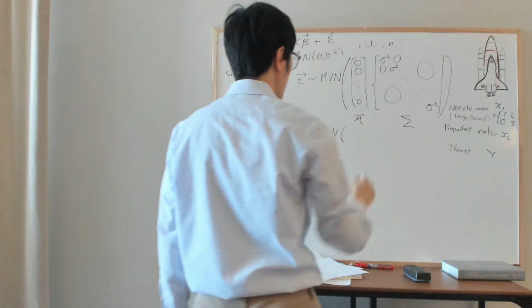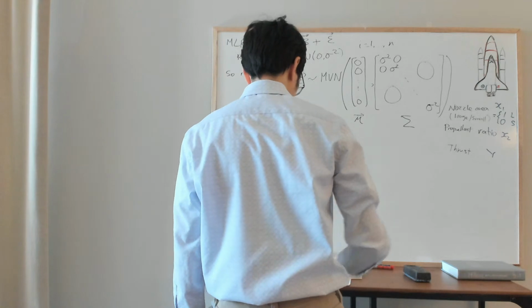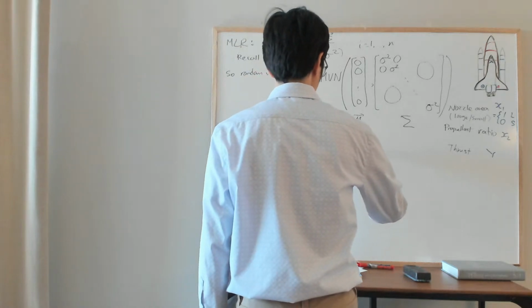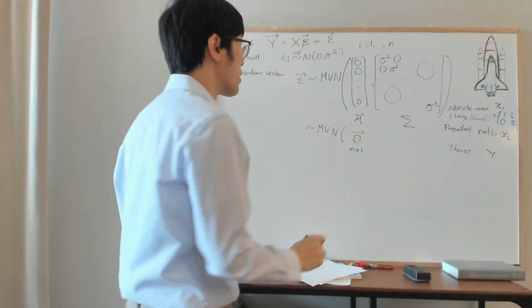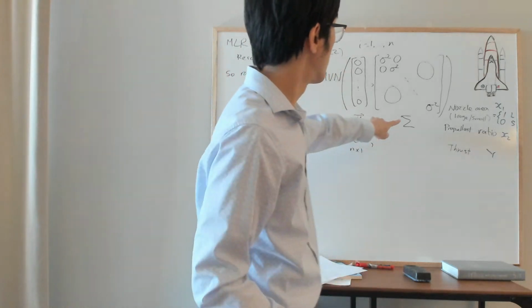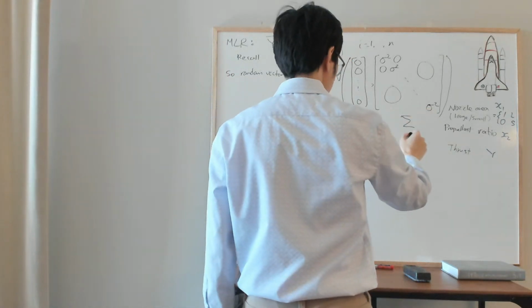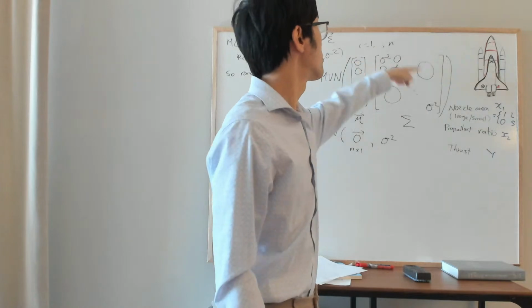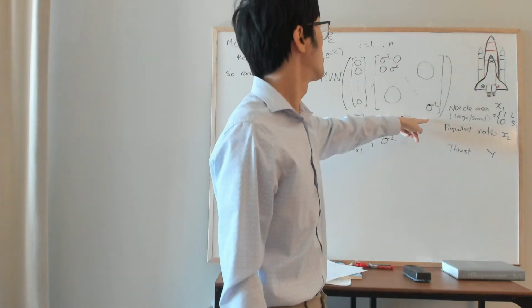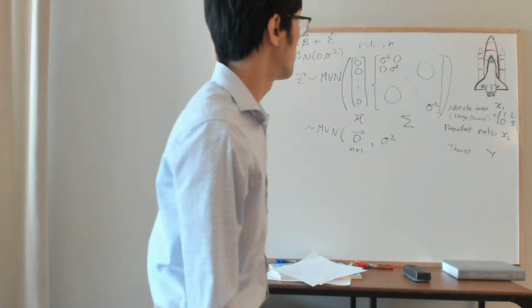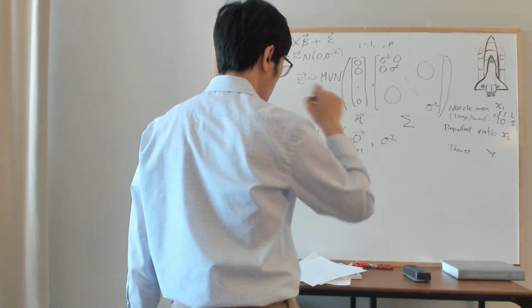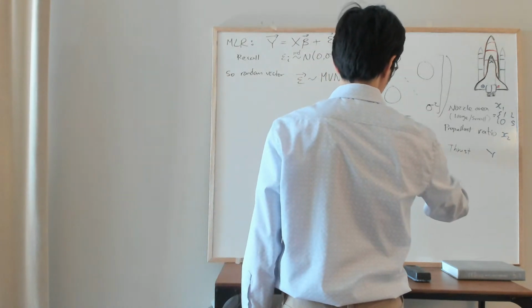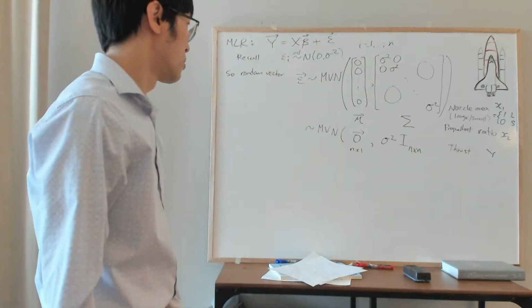The 0 is a vector, and remember this one is n by 1. And then we can write the covariance matrix sigma as sigma squared times something pretty close to the identity. Just factor out sigma squared, and you will have all ones on the diagonal. So it's simply the constant sigma squared times the identity matrix, which I'll write as I, and remember, this identity matrix is specifically of dimension n by n.